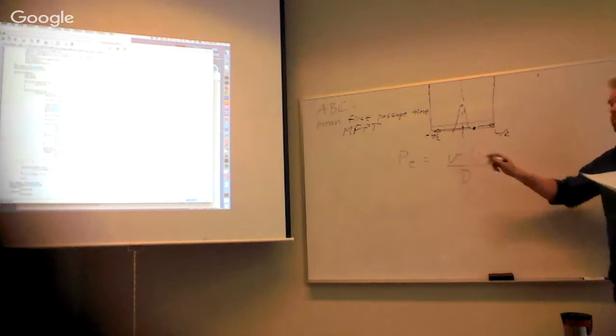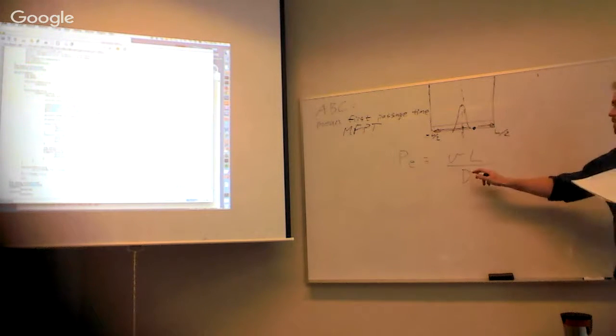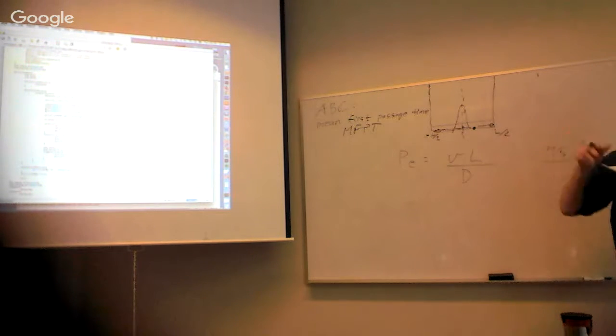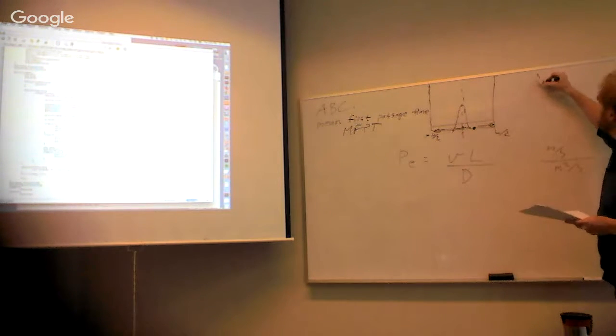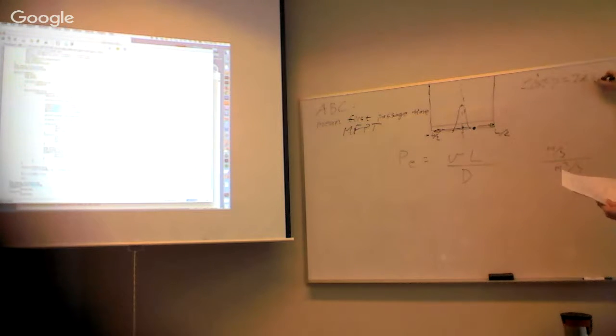And what are the dimensions of velocity? Sure, SI units, meters per second. What are the dimensions of D? Meters squared per second. Right? How do we know that? Because delta x squared equals 2D t.